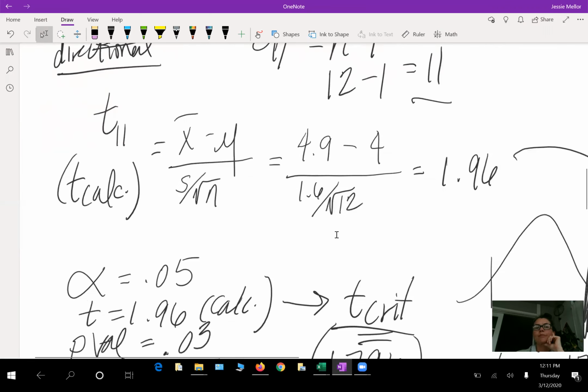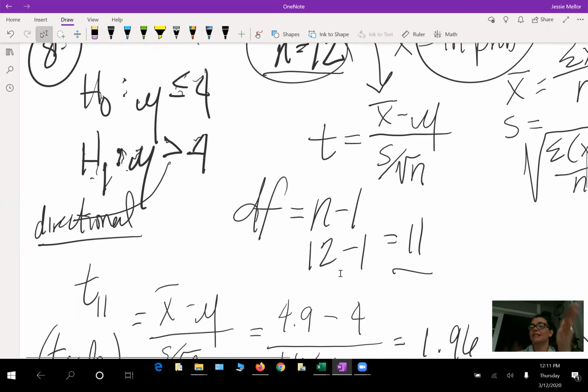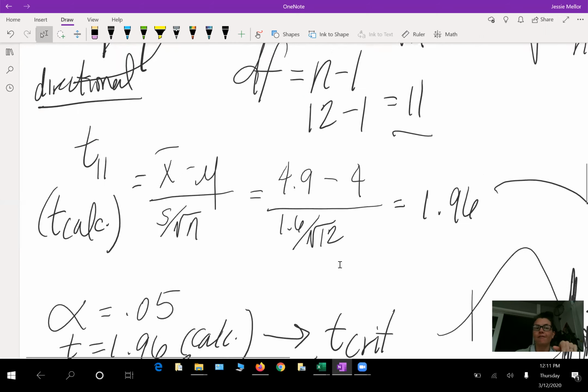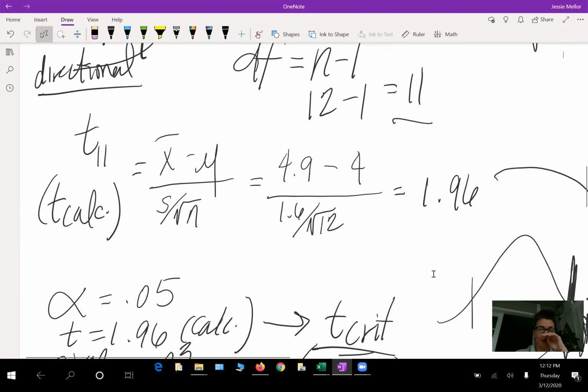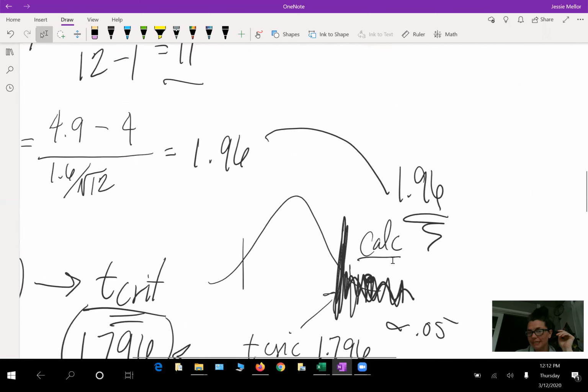So basically, going back to our hypothesis setup, we have a directional hypothesis, and we said it was greater than. So that means we're taking all of this percentage, all of the alpha was 0.05, all of that 5% must get put in this area of the curve, on the right side, because we said greater.